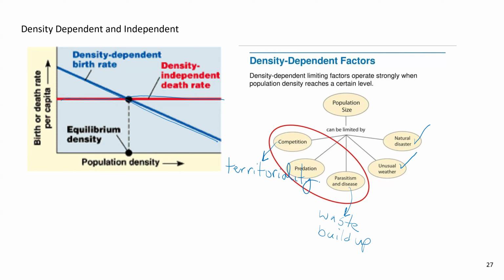Predation, and so forth. So these are examples of things that would be density dependent factors, and these would be density independent. Again, be able to look at this graph and be able to link these two together.